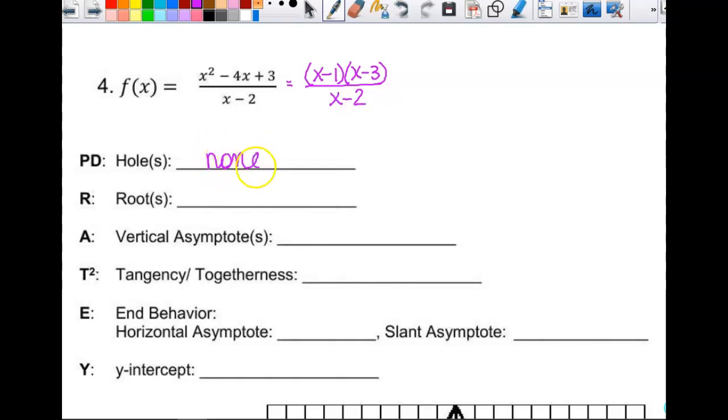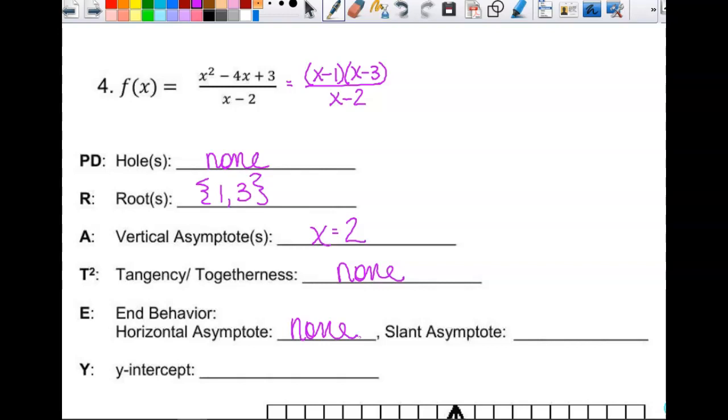No. My roots are 1 and 3. Vertical asymptote, x equals 2. Any tangency or togetherness? No. Am I going to have a horizontal asymptote? No. I'll have a slant asymptote because it's 1 higher, right?